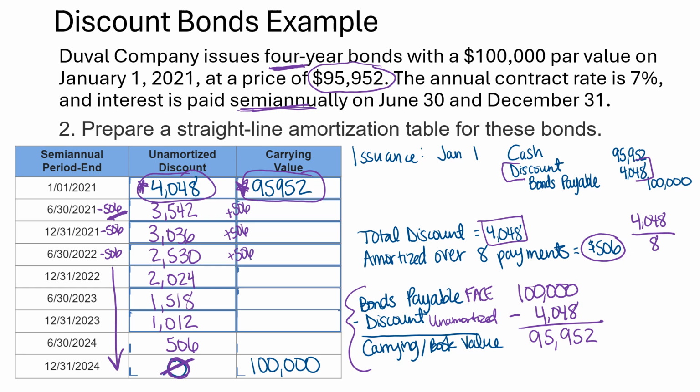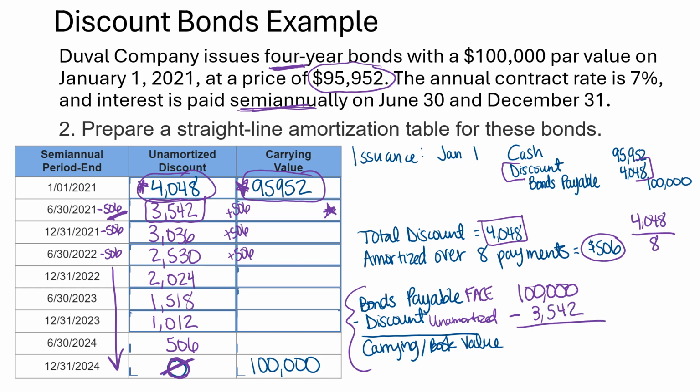So if we are again just looking to calculate carrying value, remember, bonds payable is always 100,000. If we are looking for this answer here, then we would take $100,000 bonds payable, the face value, minus the unamortized discount, which at that point is 3,542.